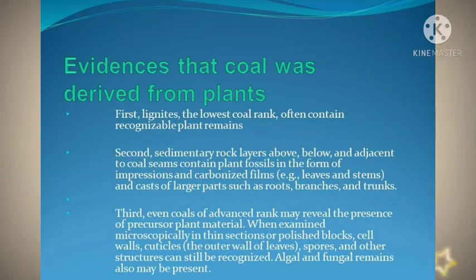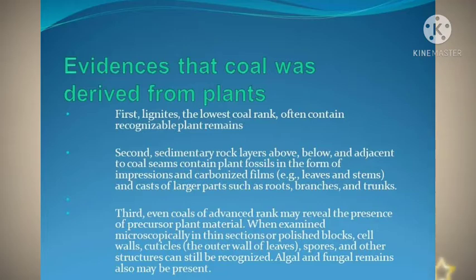There are three evidences that coal was derived from plants. First, lignites, the lowest rank coal, often contain recognizable plant remains. Second, sedimentary rock layers above, below, and adjacent to coal seams contain plant fossils in the form of impressions and carbonized films, and casts of larger parts such as roots, branches, and trunks.